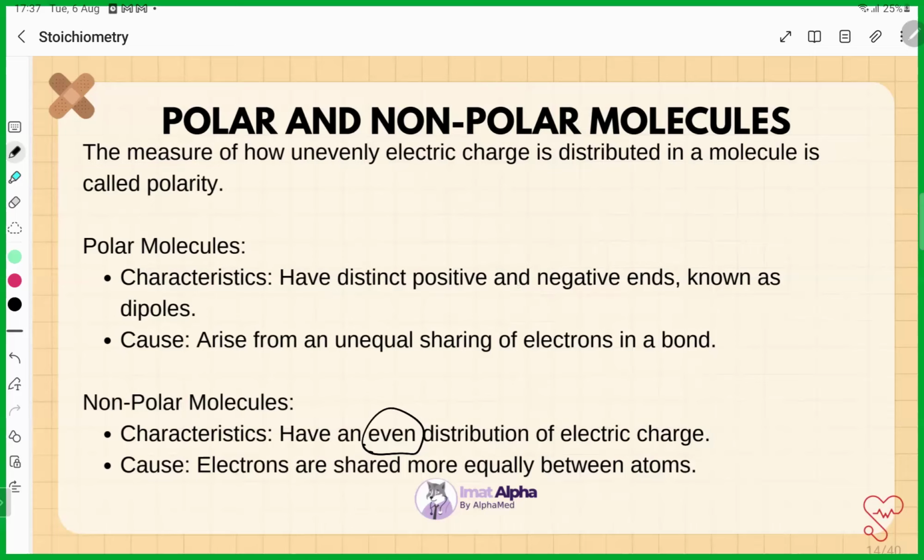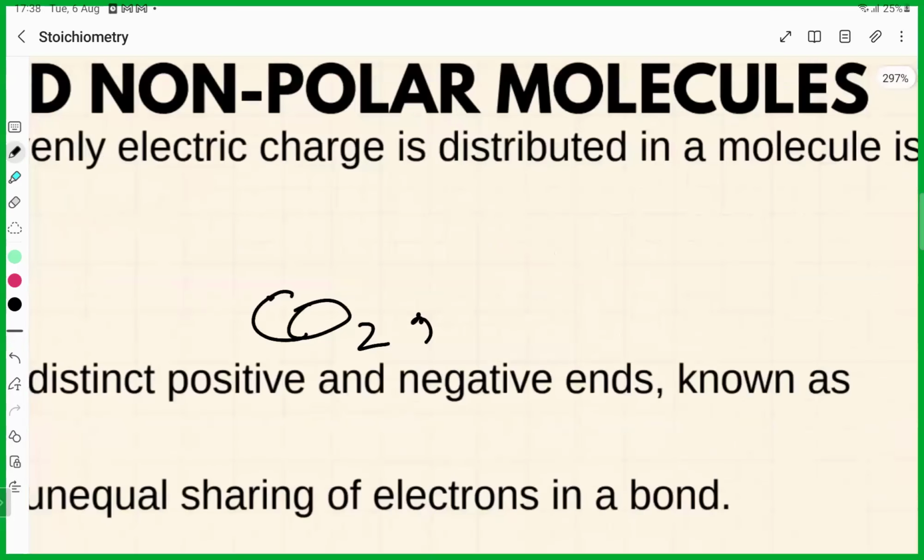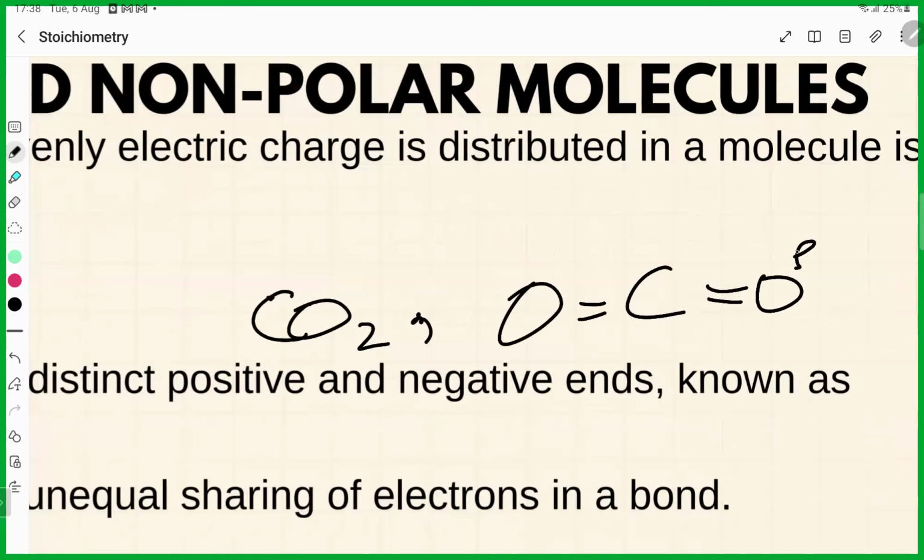Let's say CO2, and here let's say CH4. So CO2, if you draw the Lewis symbol, carbon. Oxygen here is partially negative, and here is partially negative.